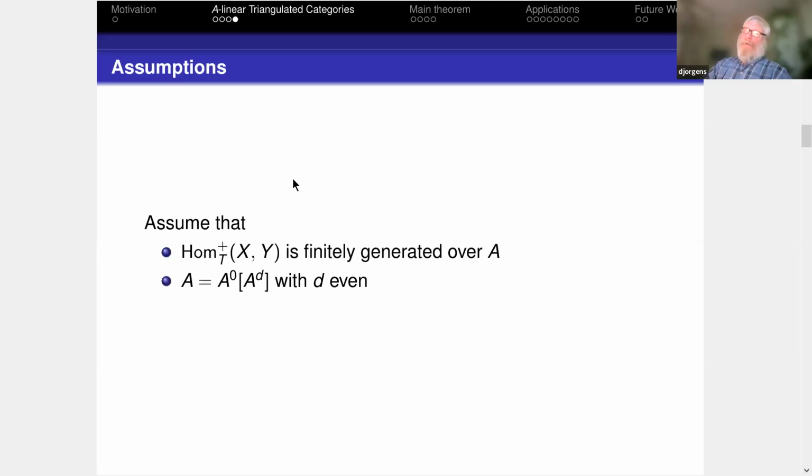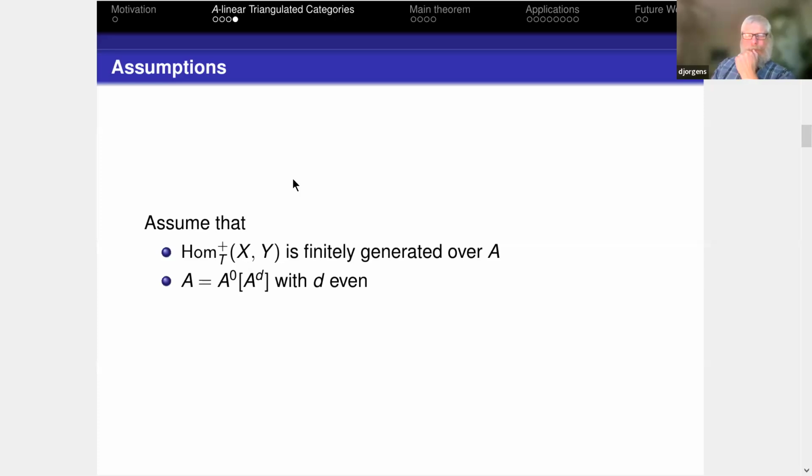And very quickly, I'm going to get rid of the graded commutative assumption and just assume that it's commutative. So the next assumption is that A is generated by its degree d part, where d is even. So it's generated as an algebra over A0, the 0th degree, by its degree d component, and assume that d is even.